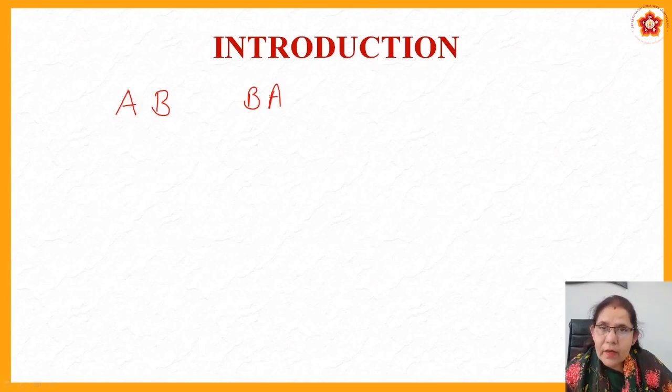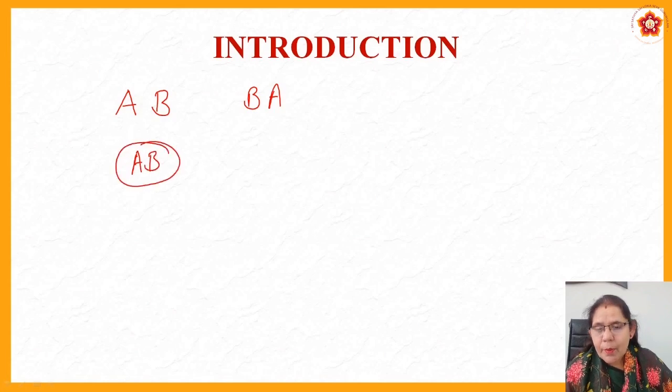That means the order in which they are placed is important when we are talking of permutation. Now what about combination? We have two things, A and B. We have to choose two. So we will be taking it AB. Now whether we write it AB or BA, it will mean the same thing.